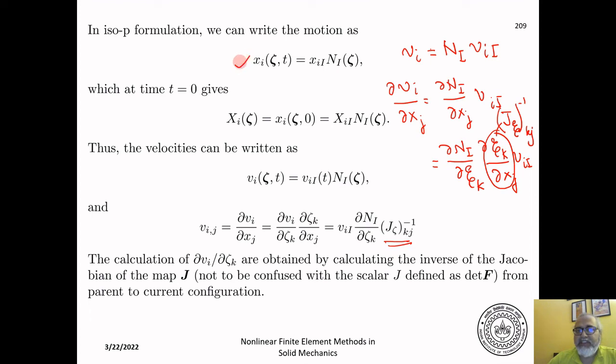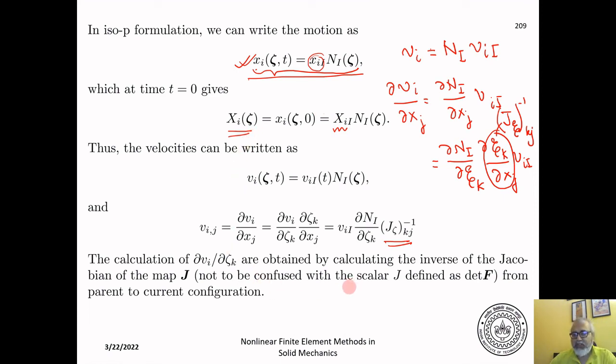This is our basic assumption for the discretization of space. So xi is xiI Ni. Ni is a function of zeta, and all the time variation is here. So at time t equal to 0, these quantities are just capital XiI. So at time t equal to 0, this interpolation specializes to capital Xi. So this small xi becomes capital Xi at t equal to 0, and then these become the nodal coordinates at time t equal to 0.